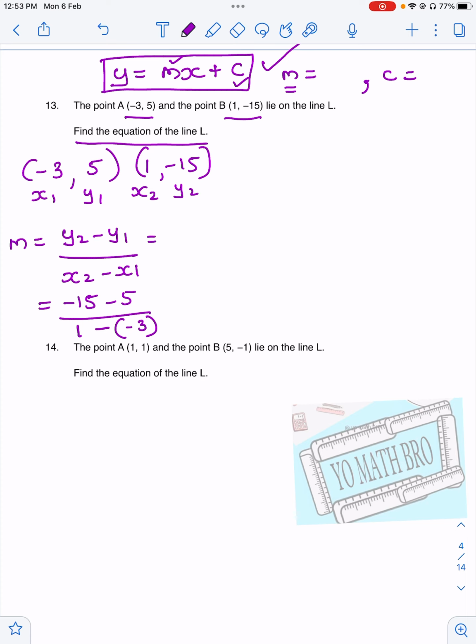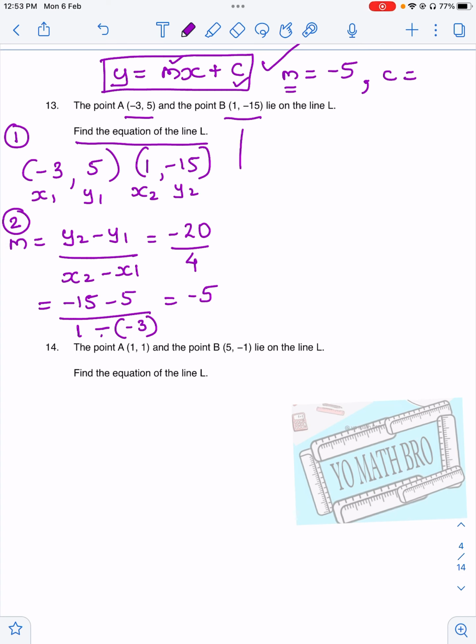I get -15 minus 5 gives me -20, divided by, minus into minus is plus, 1 plus 3 gives me 4, and I get the answer as -5. So I am writing it here, -5. This is my first step where I write the coordinates, and this is my second step where I find the gradient.